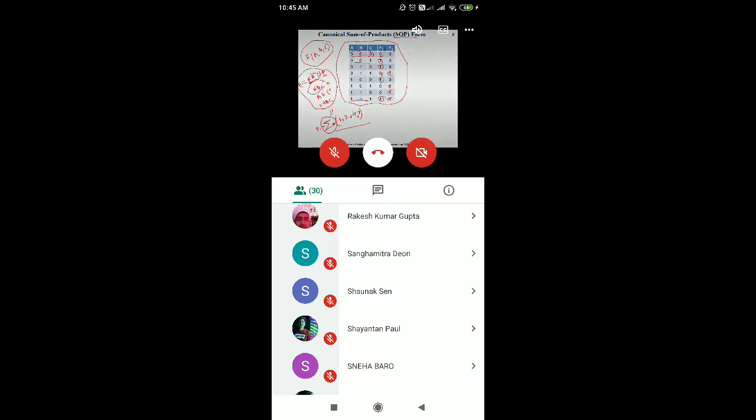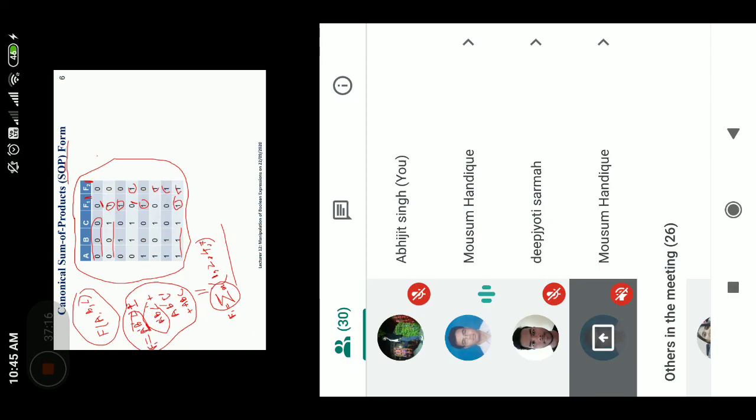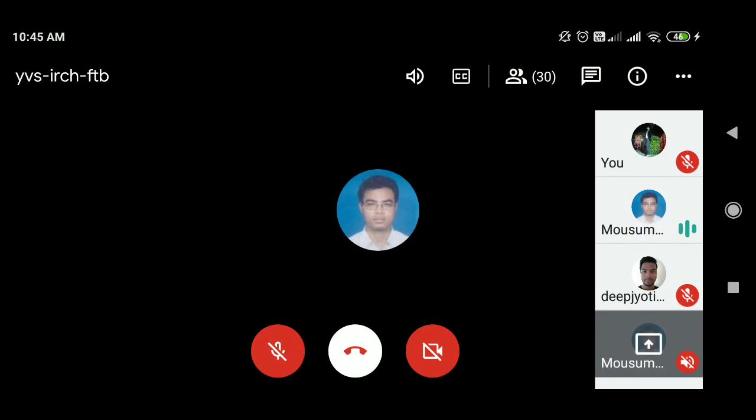For the time being, know what the unit function is, what types of canonical forms there are, and the exact meaning of min terms and max terms, because min term and max term are directly related to SOP and POS. If you don't know min term and max term, you cannot go for SOP and POS. Hopefully from this discussion you are able to understand min term, max term, sum of product and product of sum.